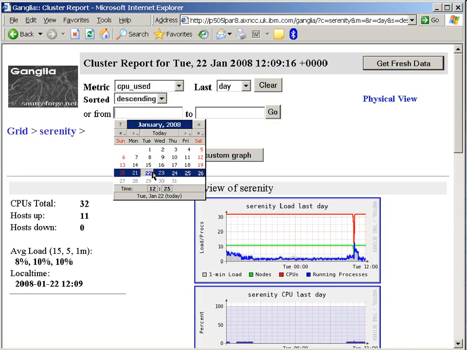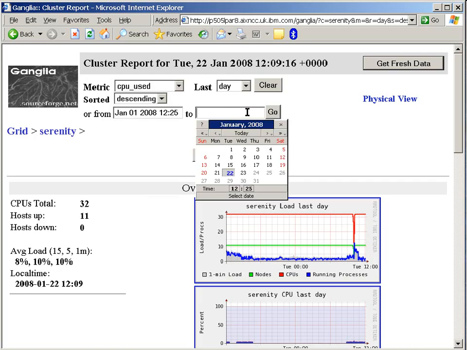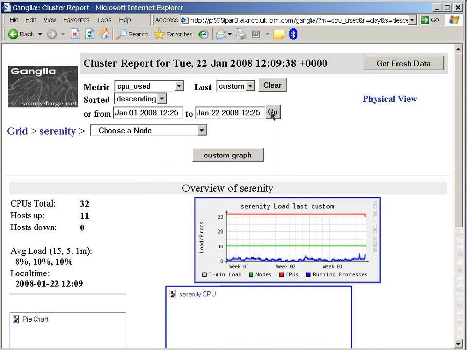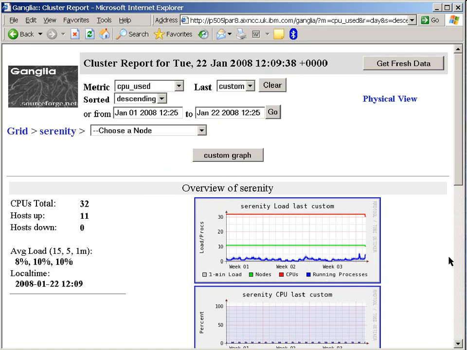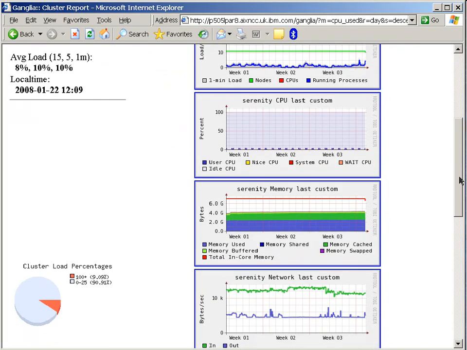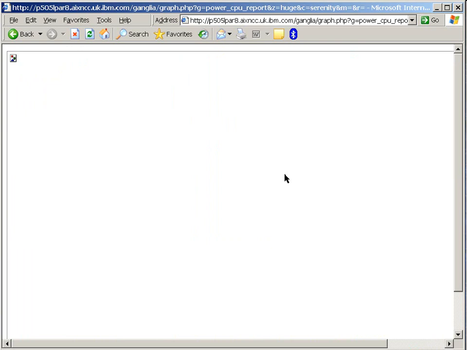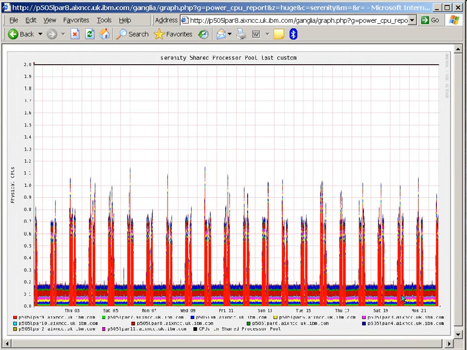If we click on here, we can say, let's look from January the 1st to today. Now we'll find our graphs are covering this particular period of time rather than the last week, last day, last month, that sort of graphs. And again we can look at a particular period of time in here, what's going on. Very useful extension to Ganglia.